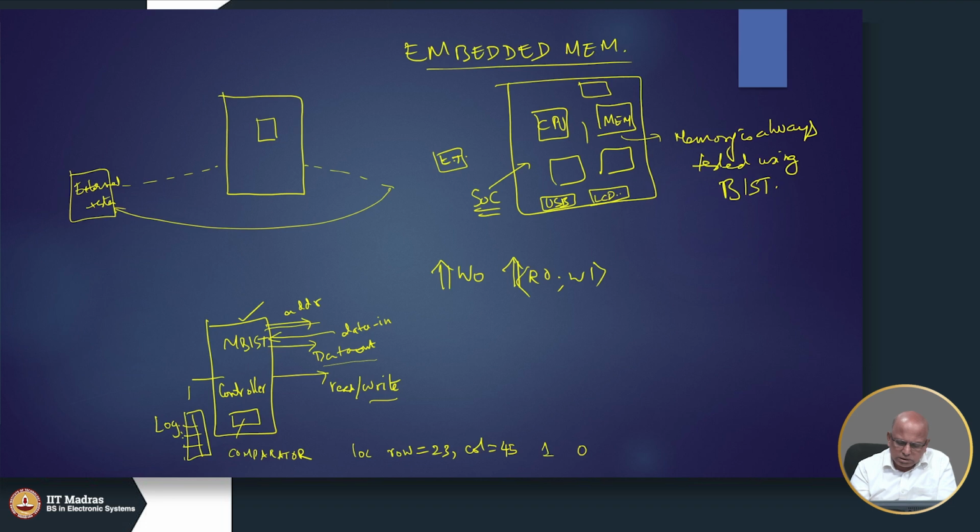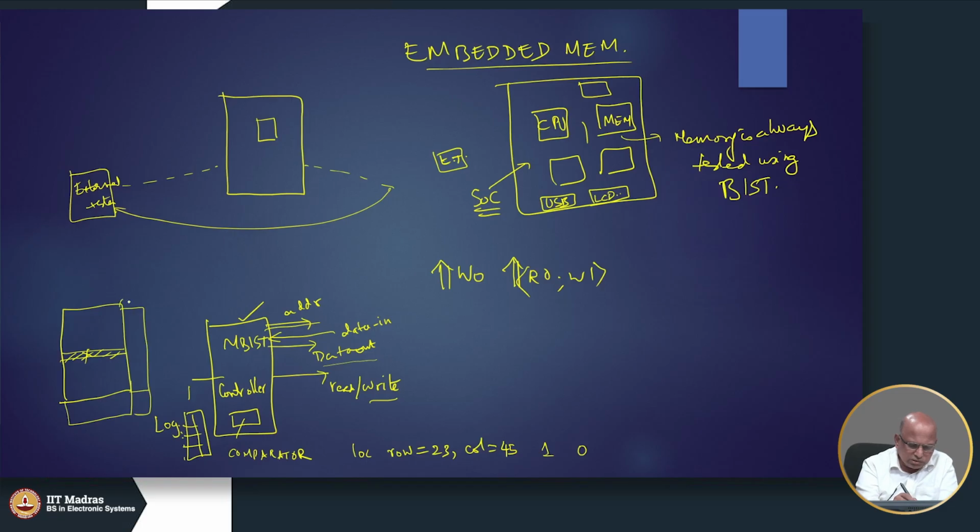The idea is if the errors are tolerable in number, we can repair the memory. Repairing means if we find that in a particular row of the memory there is some problem, maybe we can decide that this entire row will not be used. We will have some extra rows and columns.